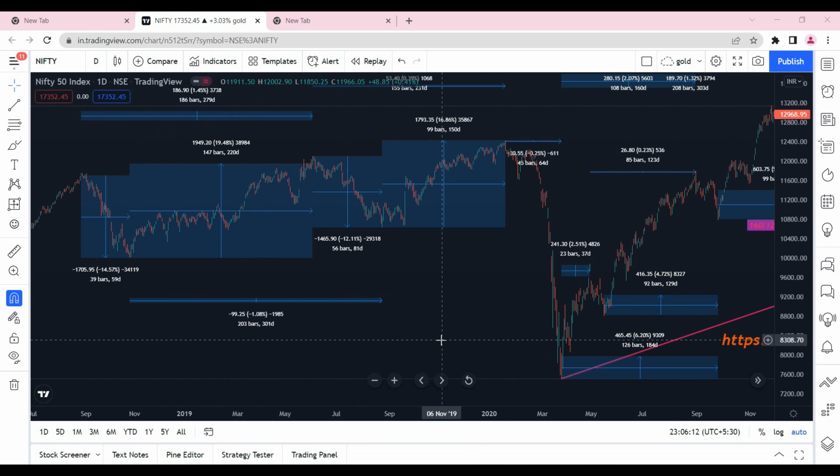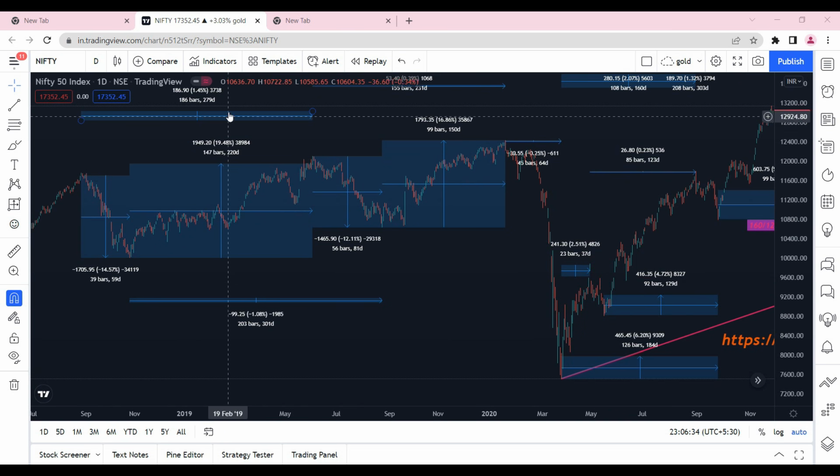Some instruments vibrate well with trading bars, some are actually good with calendar days. Out of 10 instruments, 7 or 8 instruments work well with calendar days. So in this Nifty, calendar days work perfectly and very beautifully.